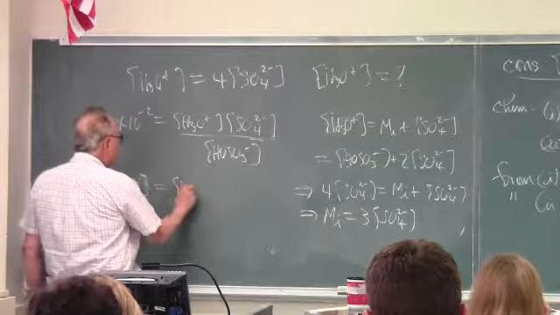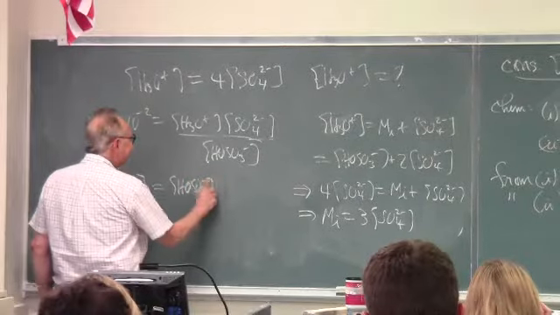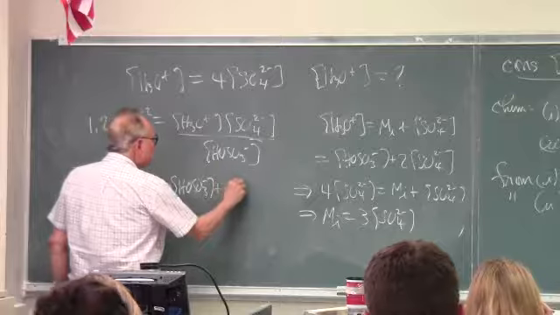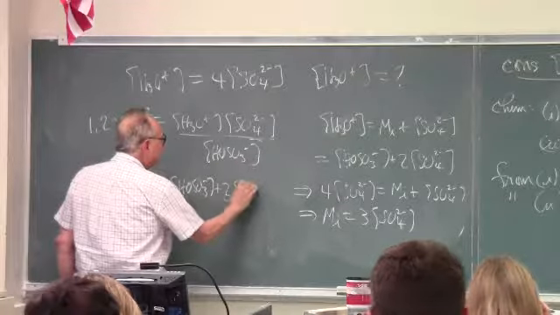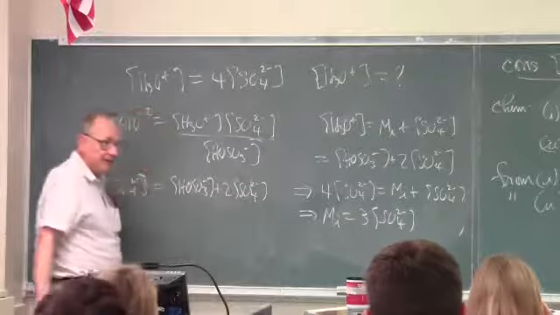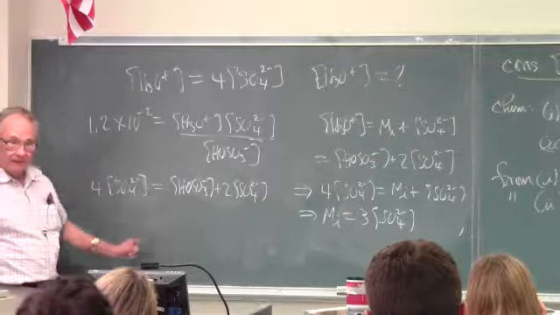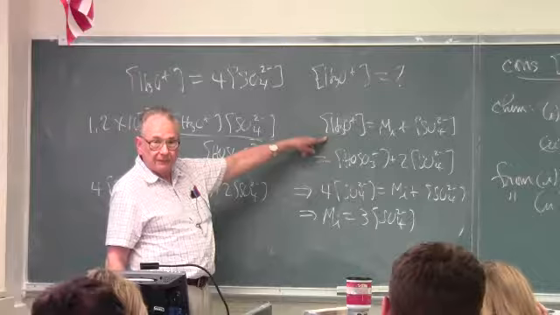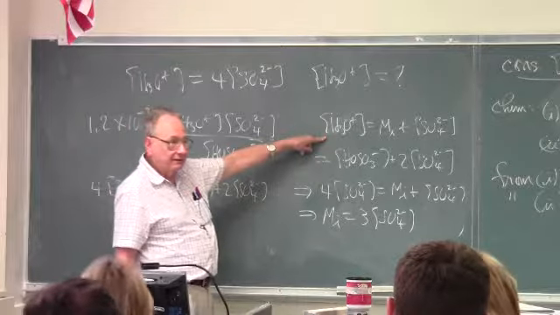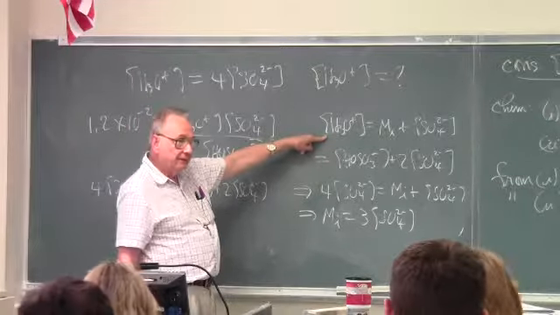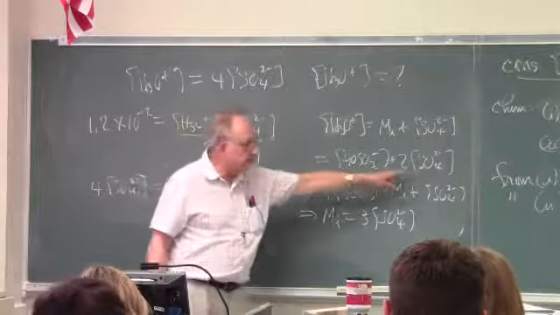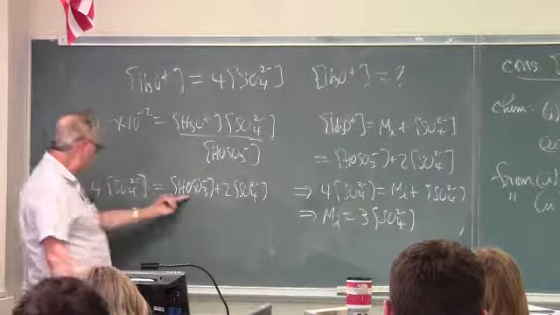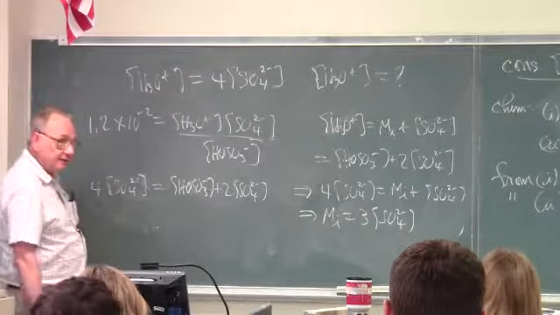It equals the hydrogen sulfate ion molarity plus twice the sulfate ion molarity. You believe that? Isn't hydronium ion the same as 4 times the molarity of sulfate ion? So put that in here. So I got 4 sulfate ion molarities equals this plus this. So how does this relate to this?